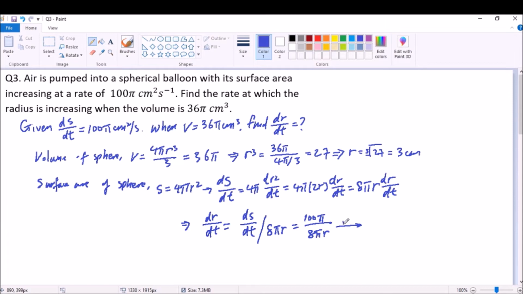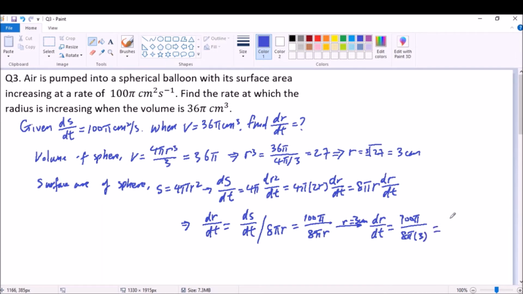Now when r equals 3 cm, we have dr over dt being 100 pi over 8 pi r, where r is 3 cm.